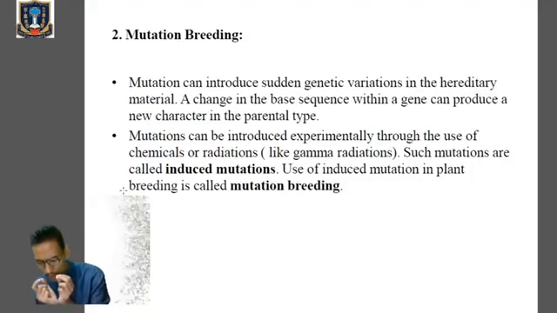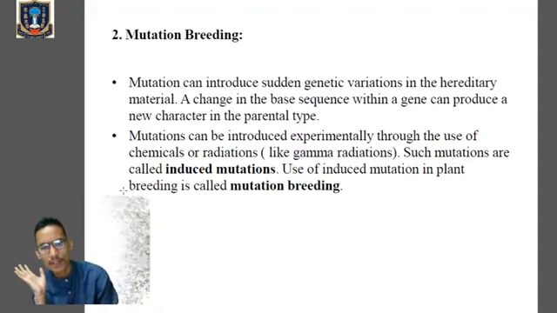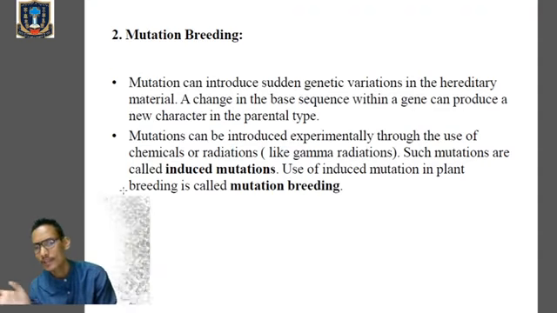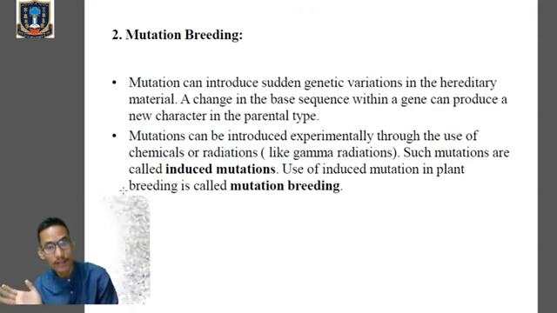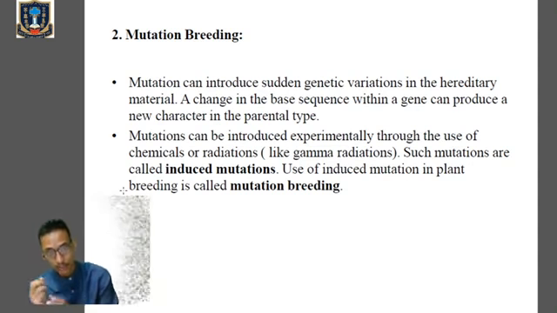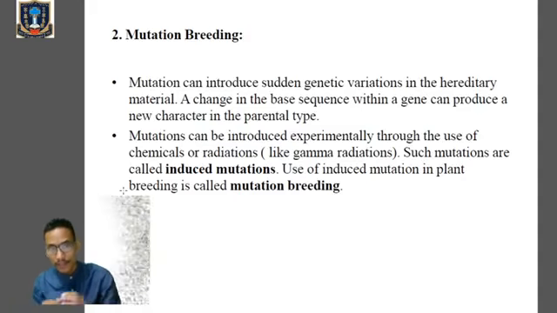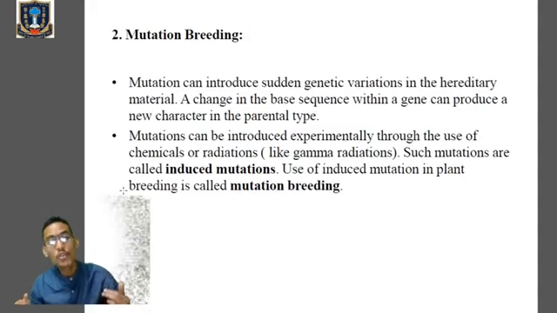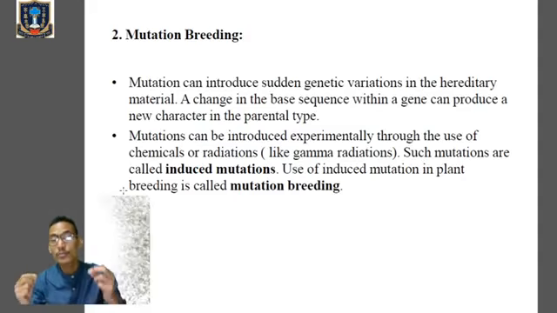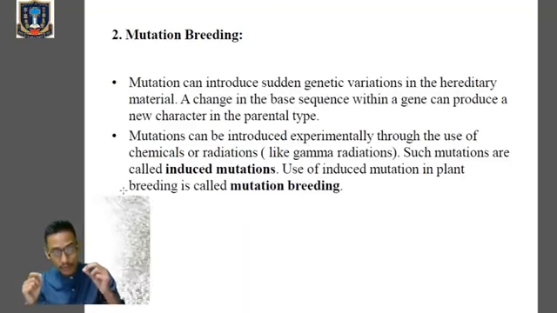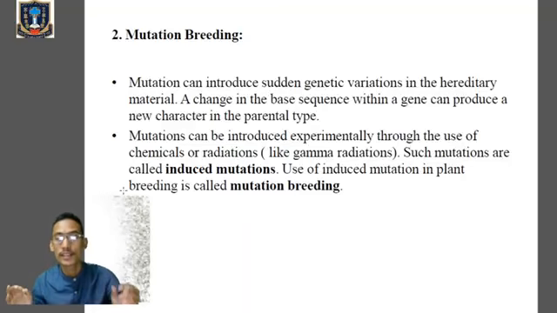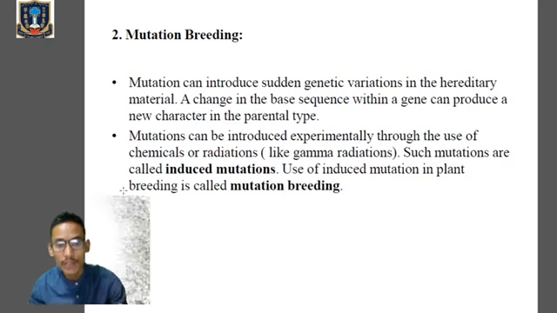So if there is a change in the base sequence, remember carefully, adenine, thymine, guanine, cytosine, these are the base sequences in our body, in the DNA. So if a base sequence is changed within a gene, then that will produce a new character, a new phenotype, meaning the character which is visible from the outside. So new characters will be produced within the parental type due to the mutation breeding.